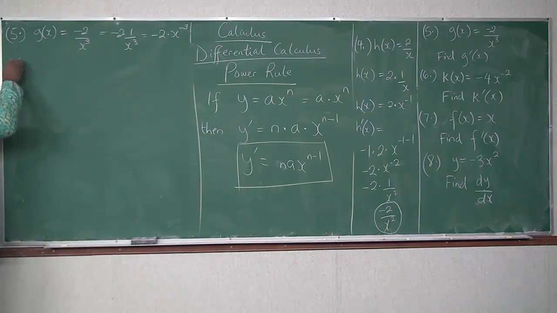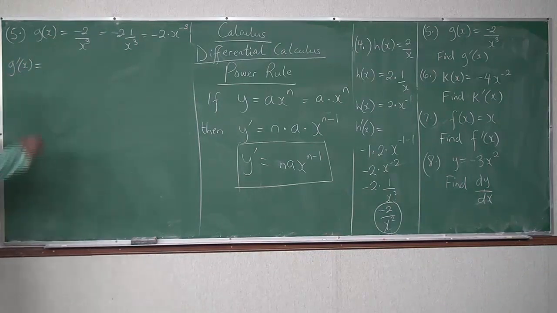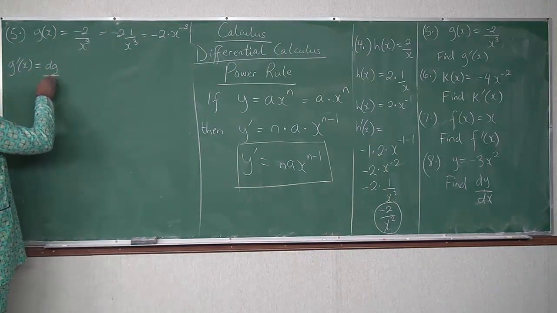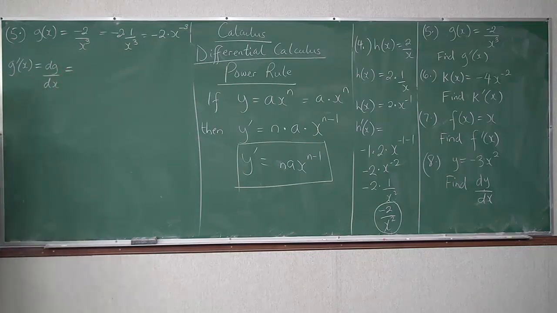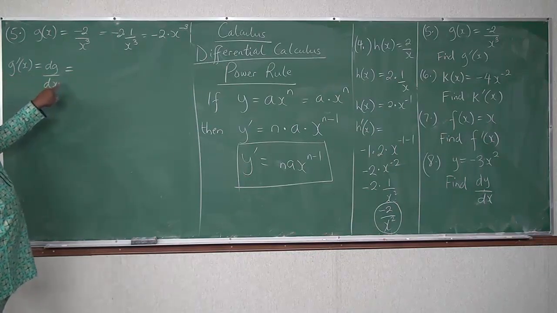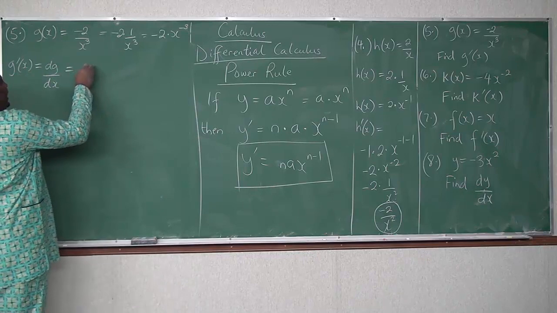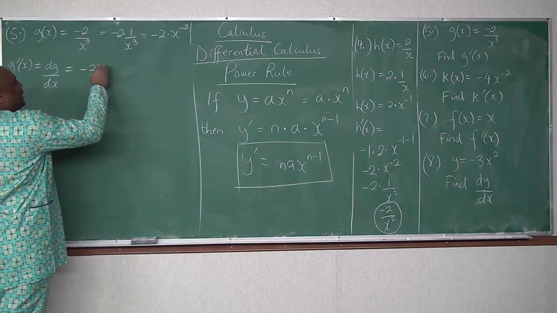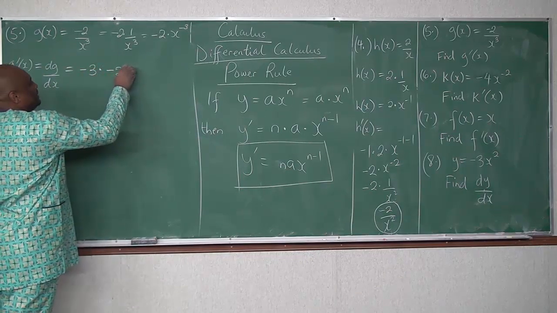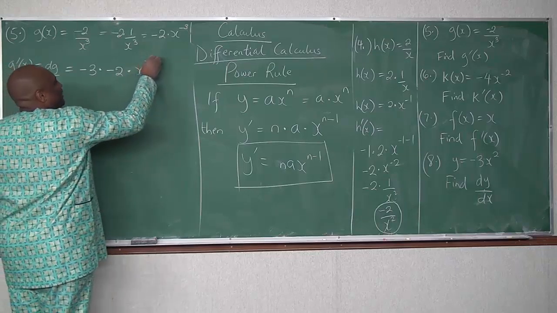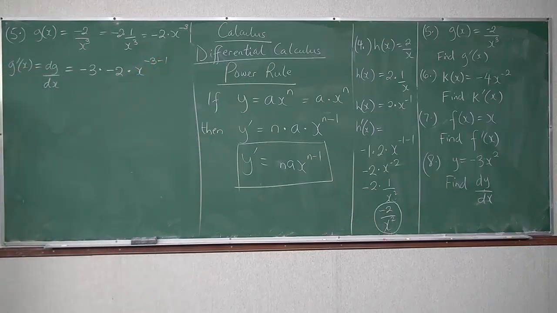So g prime of x will be, or you can say the g dx, or g prime of x. Okay? The y dx, the g dx. It will be negative 3 times negative 2 times x, negative 3 minus 1.